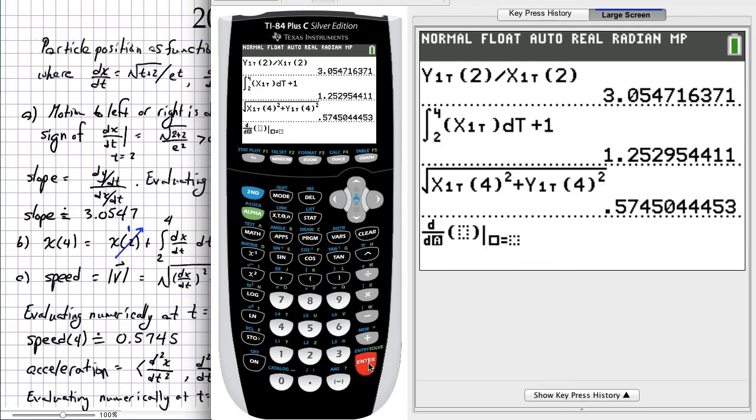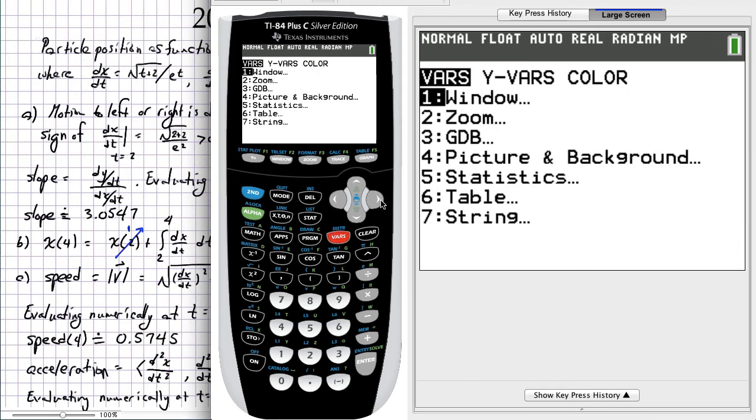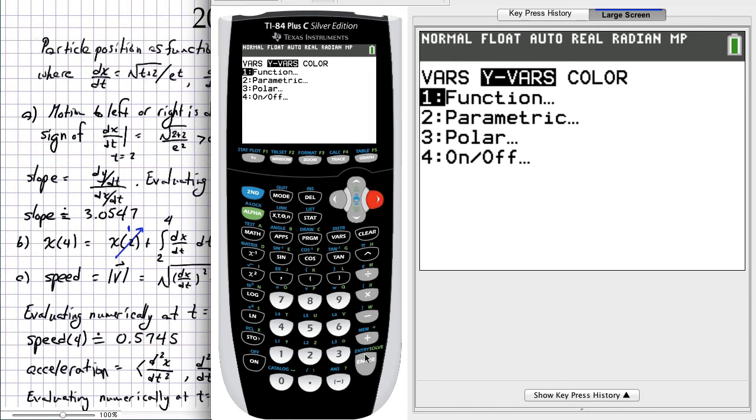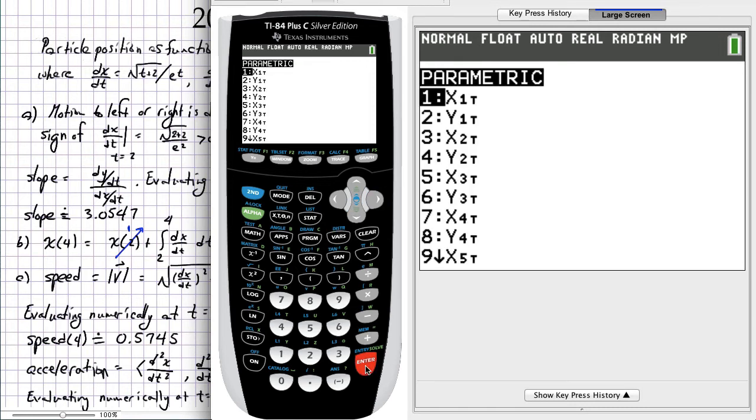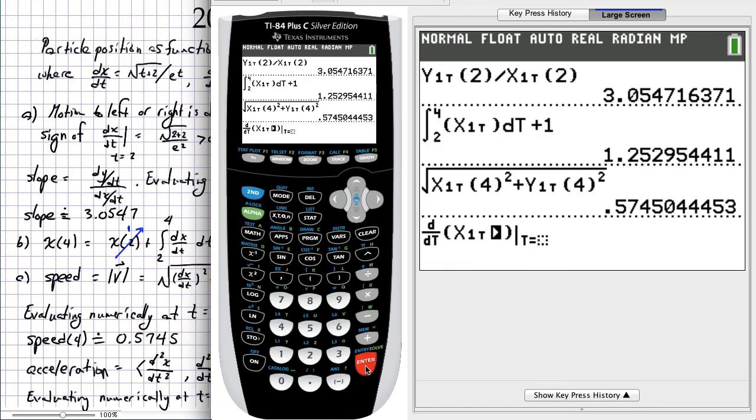We need to take the derivative with respect to time. I'm still in parametric mode, of course. And the equation we want to grab is the dx/dt equation, which we stored in x1t. And then we want to evaluate it at t equals 4.